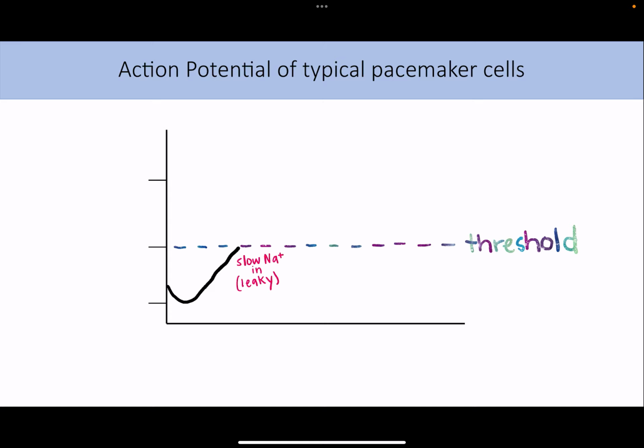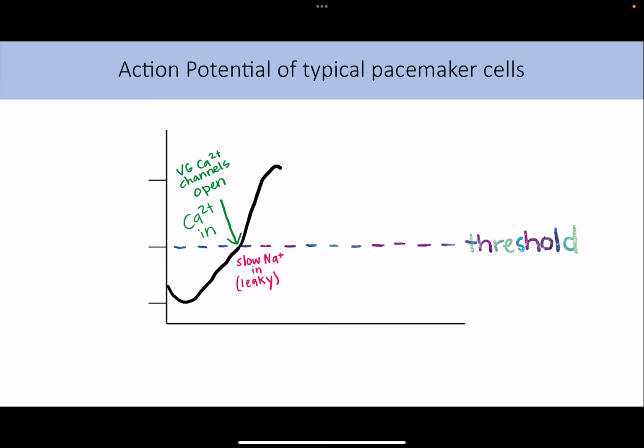And what's different with cardiac muscle cells is that for the rapid depolarization that happens next, it's not sodium, it's actually calcium. So after we reach threshold, we switch to voltage-gated calcium channels, and those calcium ions are going to come in. It's still an influx on this side, so ions are still moving into the cell, but instead of it being sodium, now it's calcium. Okay? So calcium rushes into the cell to get us to the peak of our action potential.